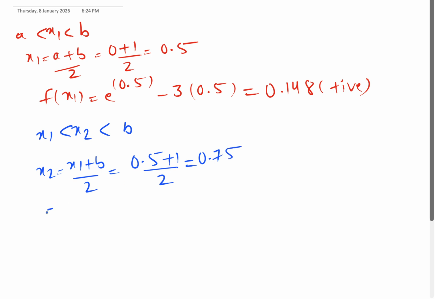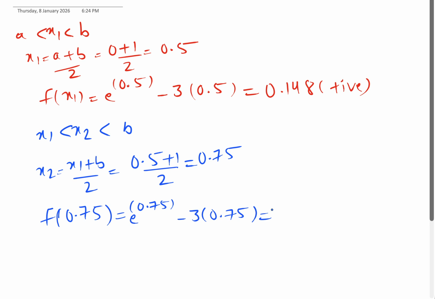Now we need to find f of 0.75, which will be what? e raised to the power 0.75 minus 3 times 0.75. We can use the calculator again.